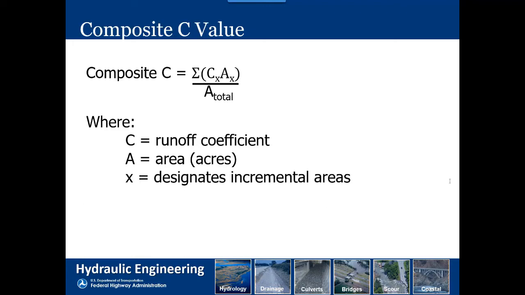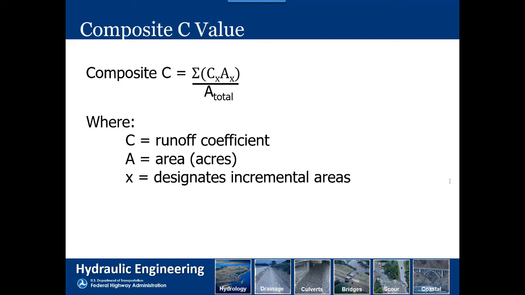So sometimes, even in a 200-acre area, you might have a little bit of park, and then some single-family areas. You might have streets in there next to your homes, things like that. That's when you have to come up with a composite C. You can't just say single-family homes because it's not taking your streets into account.